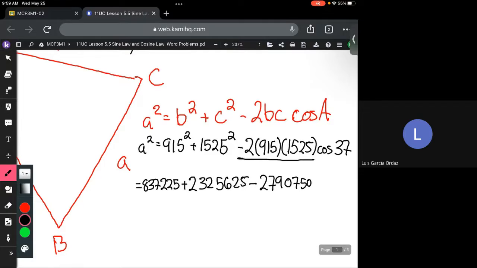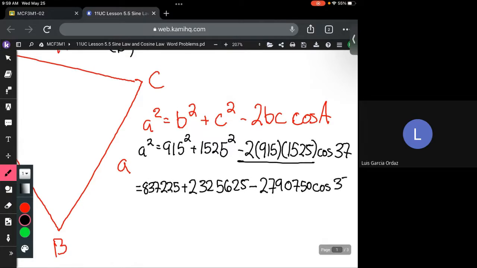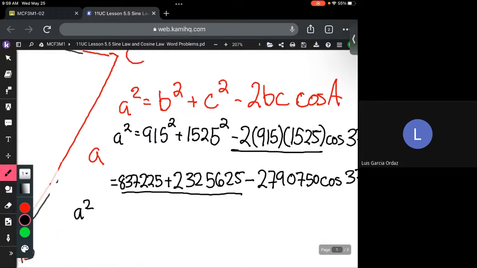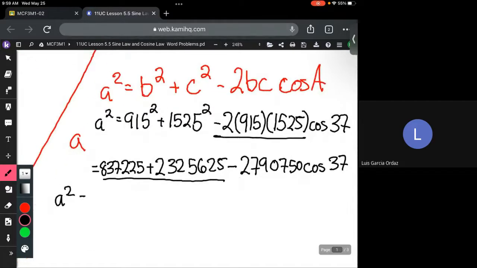Okay, and then cos 37. What you're going to do first is add up these two numbers. Can someone do 837,225 plus that 2 million number? Yeah, it's big numbers. Okay, 3 million, so 3,162,850.